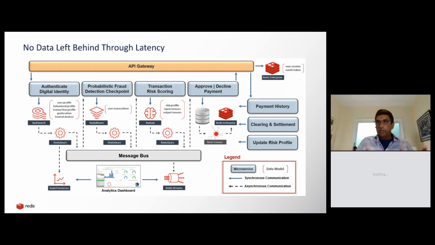And if you recall from the architecture evolution, I don't want to end up with a super complex architecture with too many moving parts. What I can do with Redis Enterprise is take advantage of multiple data models. So not only the core data structures, strings, hash, sorted sets, but time series and probabilistic data structures.